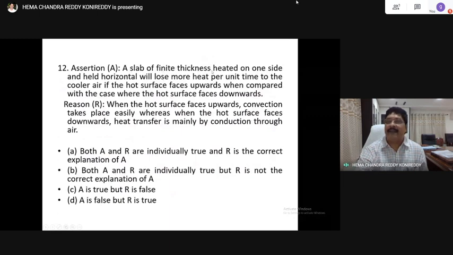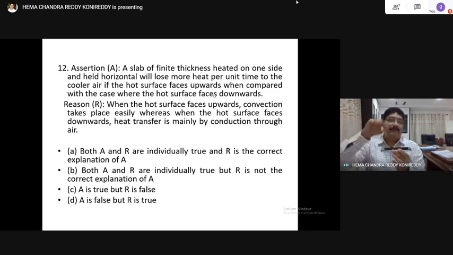A slab of finite thickness heated on one side and held horizontal will lose more heat per unit time to the cooler air if the hot surface faces upwards, compared with the case where the hot surface faces downwards. I have explained this many times.